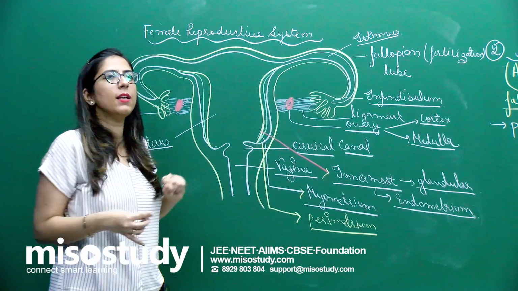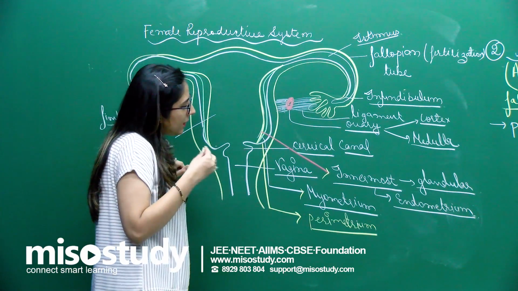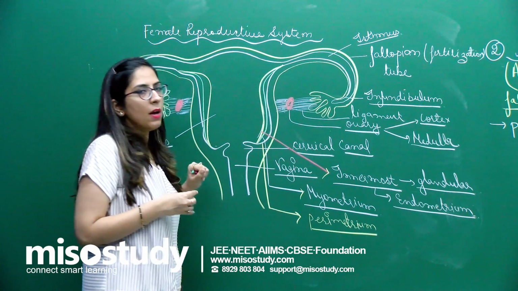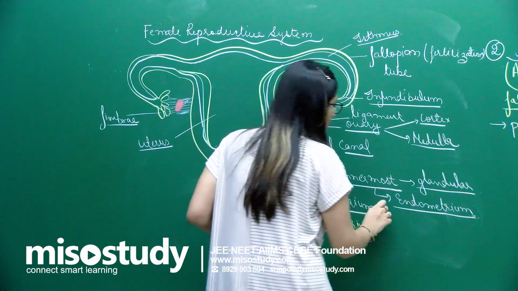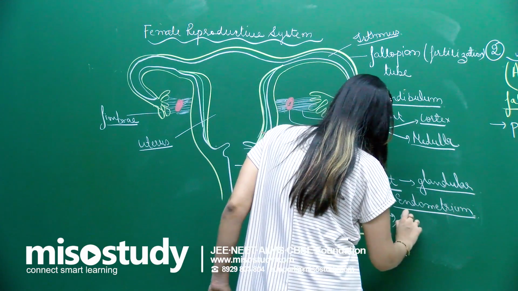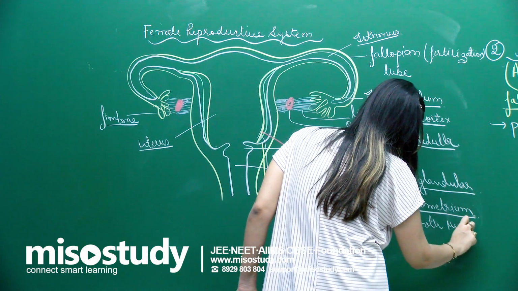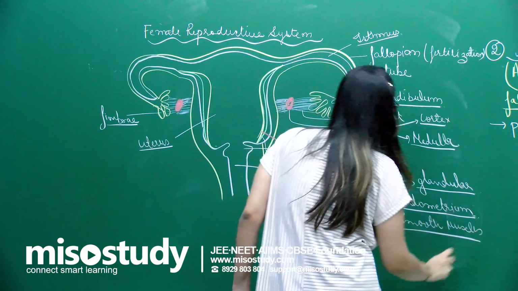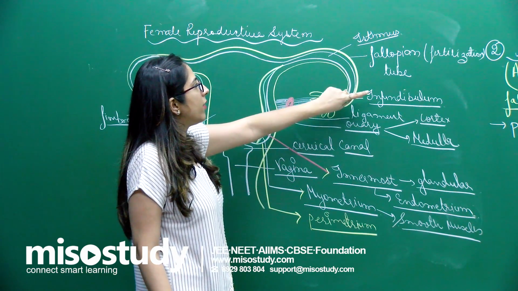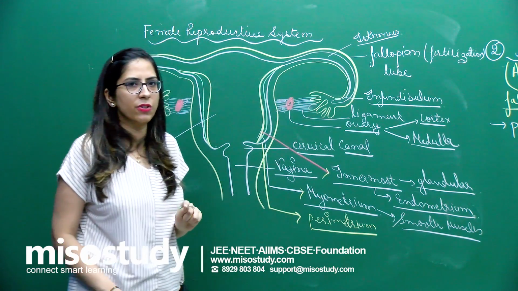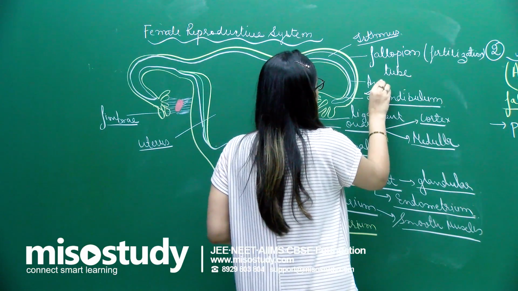That's why the whole menstrual cycle happens. The middle layer is called the myometrium. Myo means it has muscles, and it is known for the presence of smooth muscles. In the fallopian tube we have the infundibulum, then the isthmus region, and in between them the ampulla region is present.